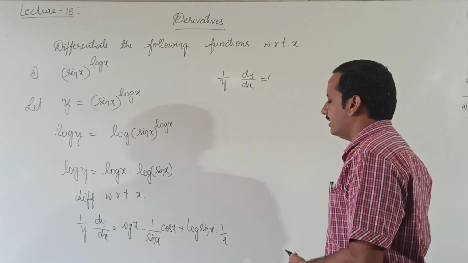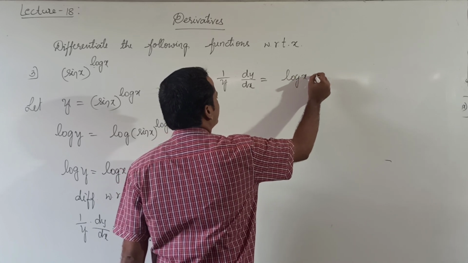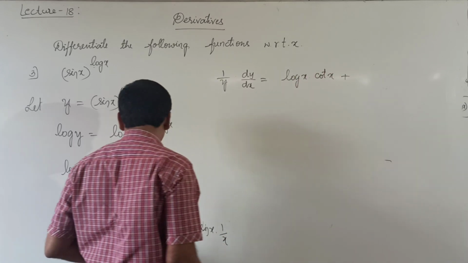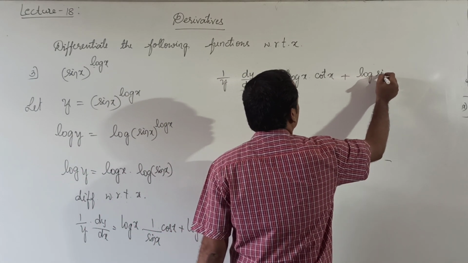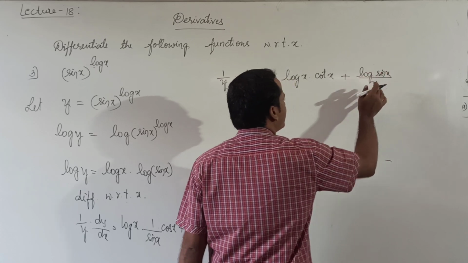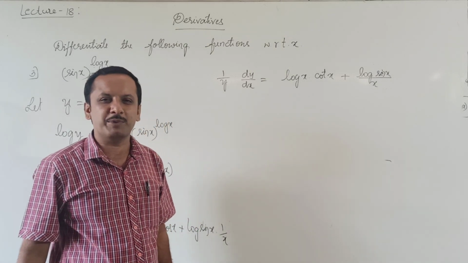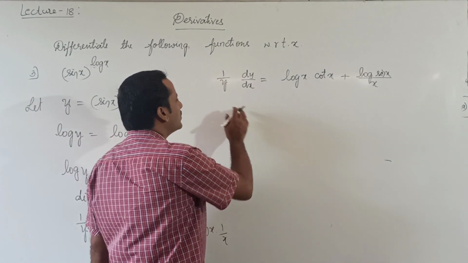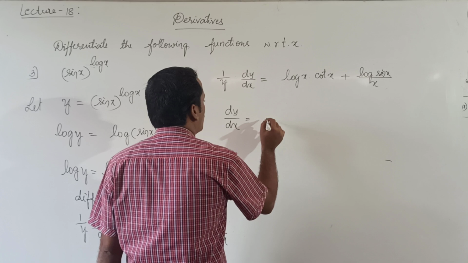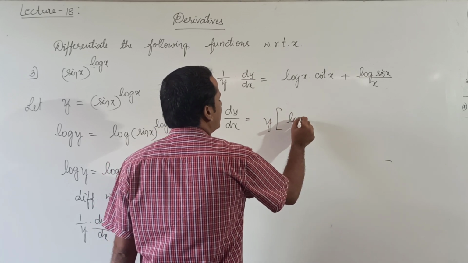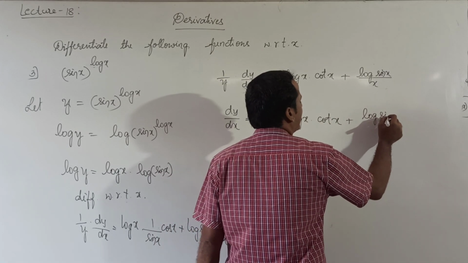So 1 by y into dy by dx is equal to log x into cos x by sin x, which I am writing as cot x, plus log sin x divided by x. Don't write sin x by x is equal to 1, it is not true. Sin x by x is equal to 1 only when x is approaching 0. So now transfer y to that side. dy by dx is equal to y into log x into cot x plus log sin x divided by x.